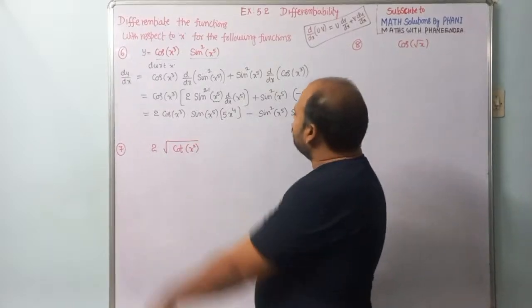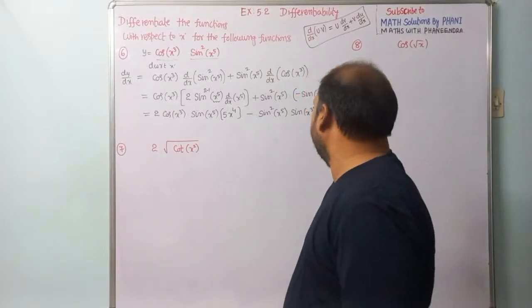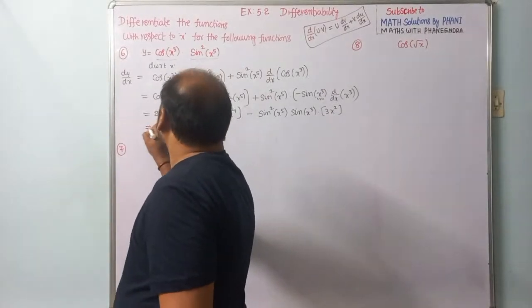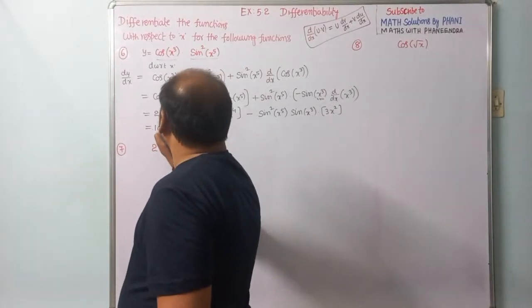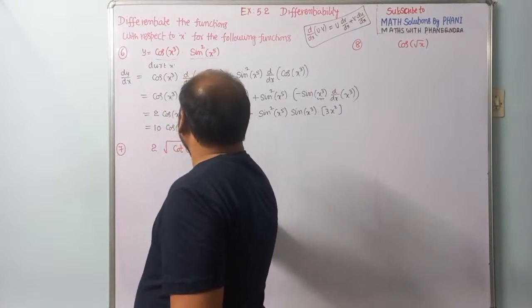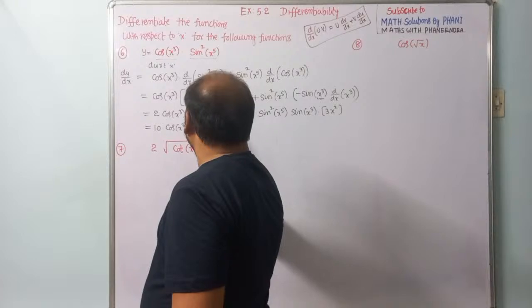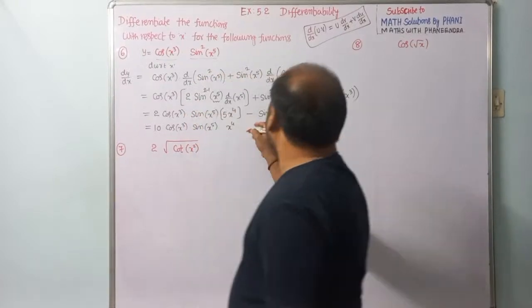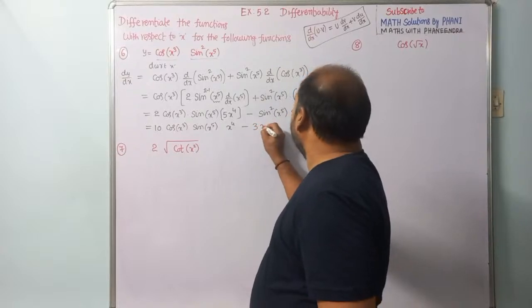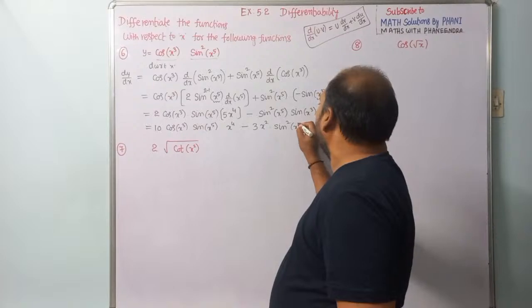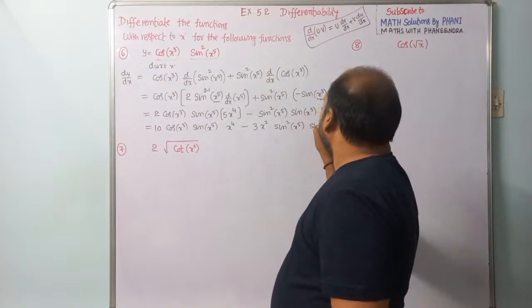So in these two, what will be common? No need of taking common, just leave it like this. 5 twos are 10 into cos x power 3 into sine x power 5 into x power 4, minus 3x square into sine square of x power 5 into sine of x cube.